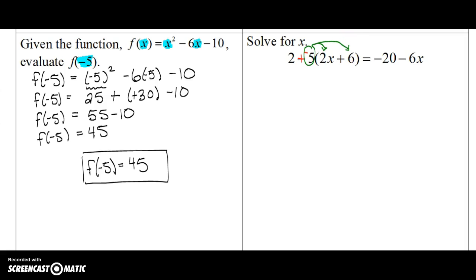So we are going to simplify the right-hand side. -5 times 2x is -10x. -5 times 6 is -30.